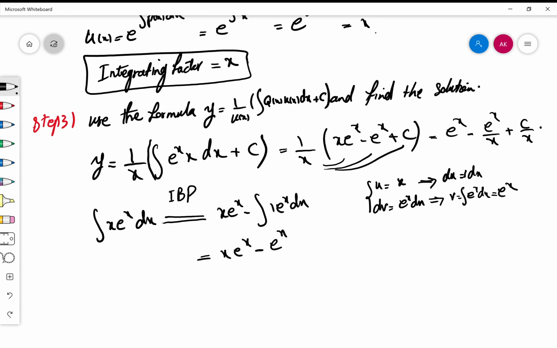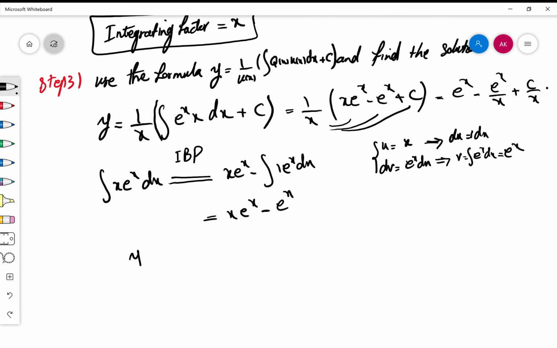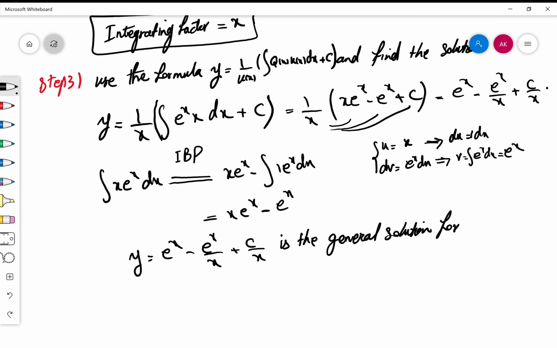And that's the general solution. So let me just write it in summary: y equals e to the power x minus e to the power x over x plus c over x is the general solution for the differential equation.